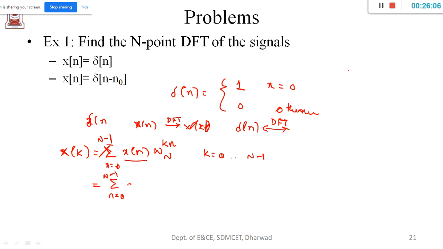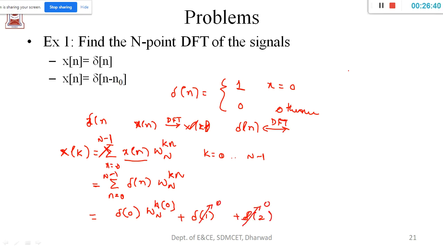X of n is nothing but delta of n, times W_N to the power of kn. Since delta of n is defined for n equal to 0, and for all other values it is 0, there is no need to write this summation.